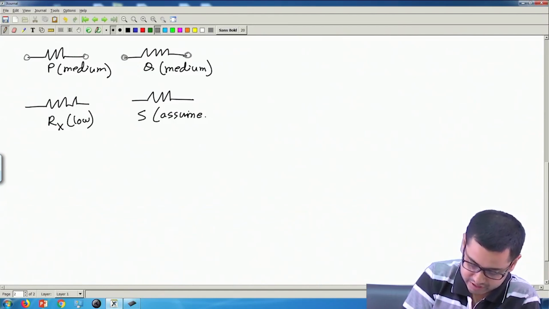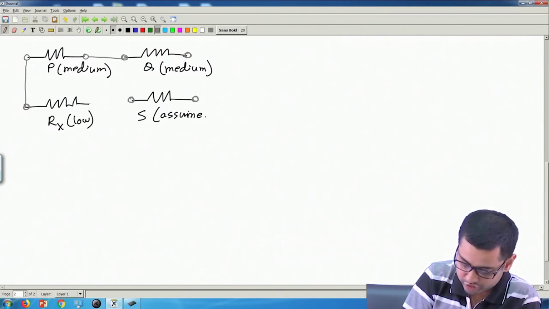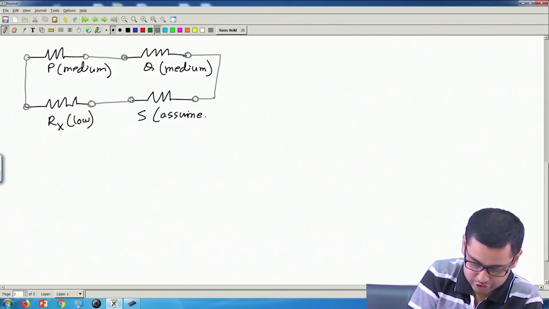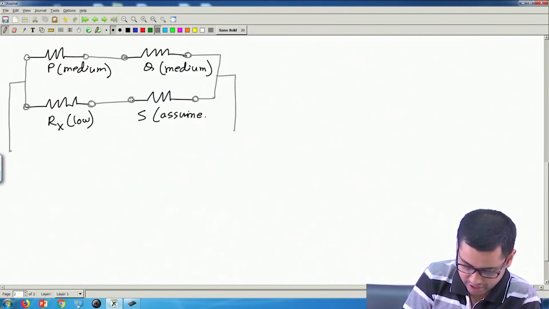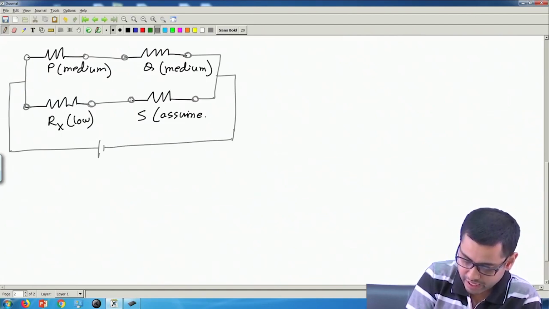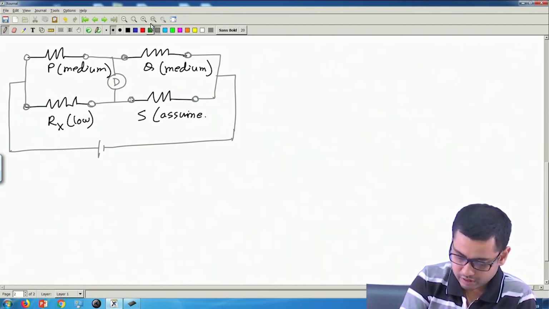So, let these be the terminals, and we connect these four resistances with wires in the form of a square, and then we put the power supply across two opposite terminals, and we put the galvanometer or the detector between the other two terminals.